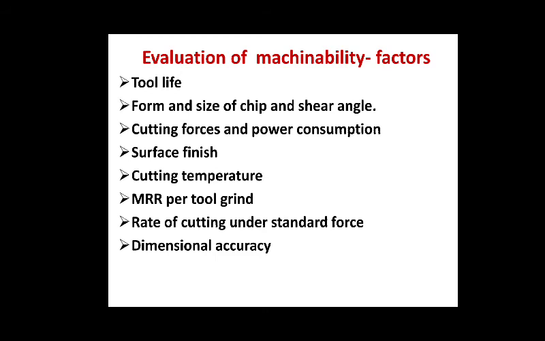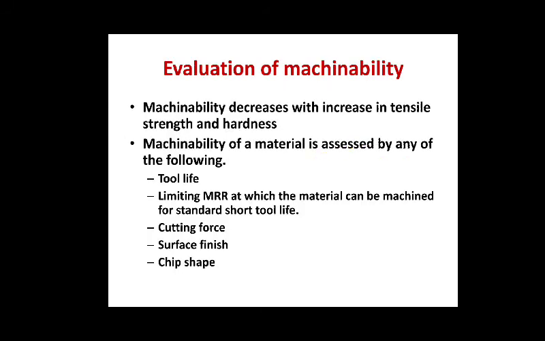So these are the factors for the evaluation of machinability. Now machinability decreases with increase in tensile strength and hardness. Machinability of a material is assessed by any of the following: tool life, limiting material removal rate at which the material can be machined for standard short tool life, cutting force, surface finish, chip shape.